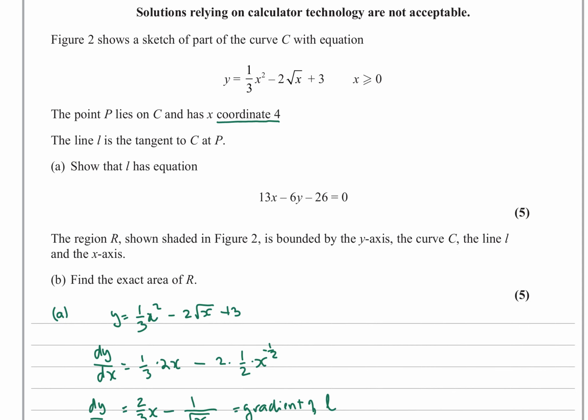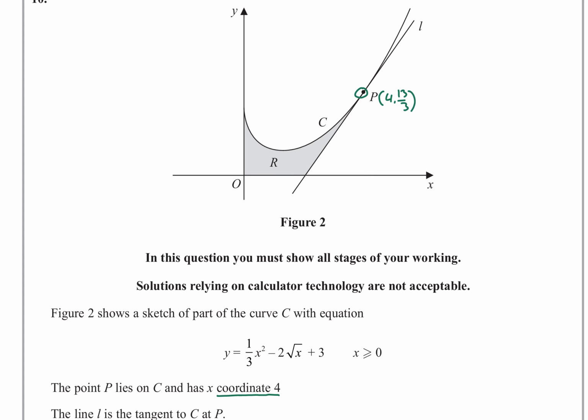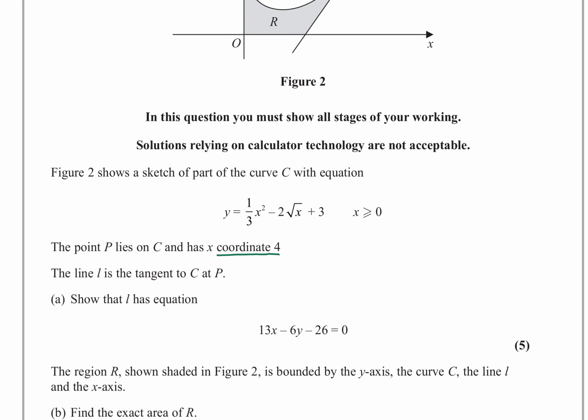So the region R, shown shaded in figure 2, is bounded by the y-axis, curve C, the line L and the x-axis. So we need to find the area of this region R. Now we are of course going to integrate the equation of the curve.